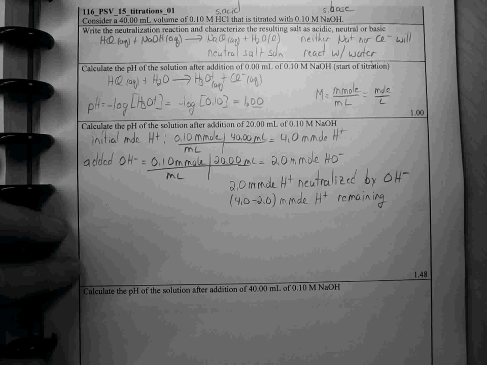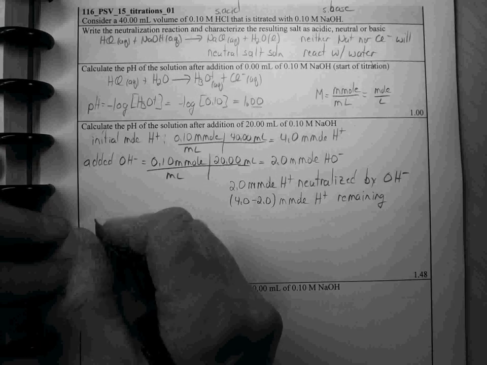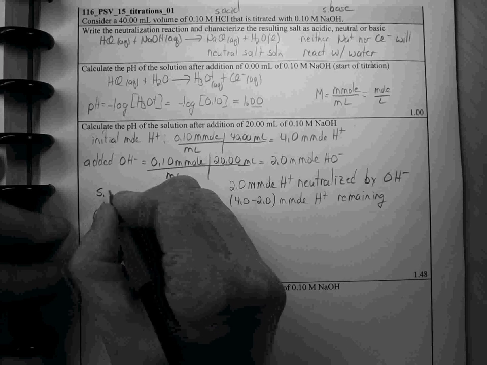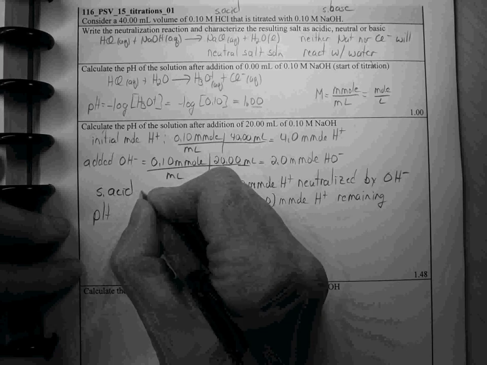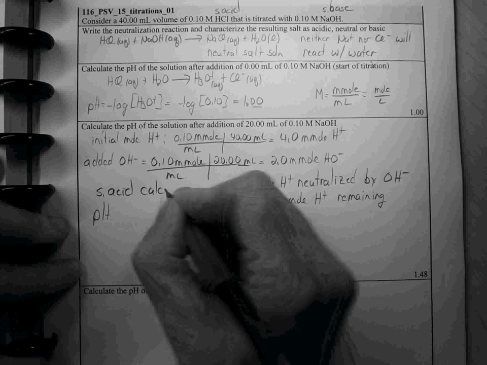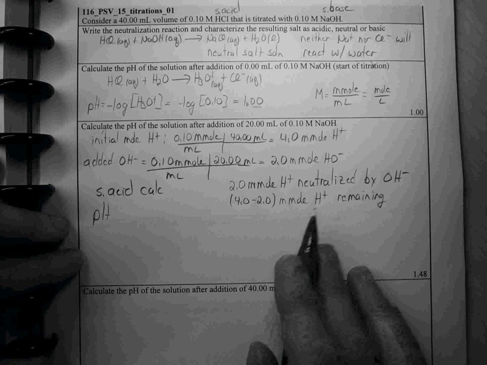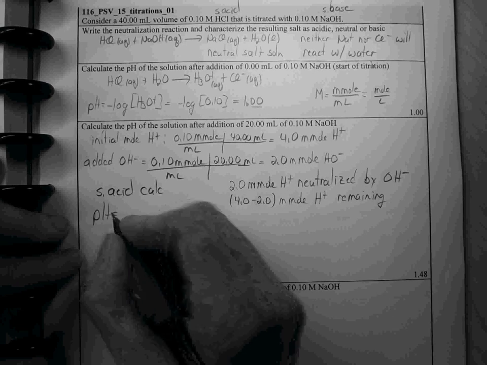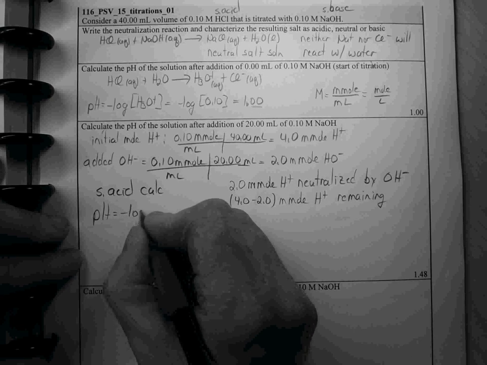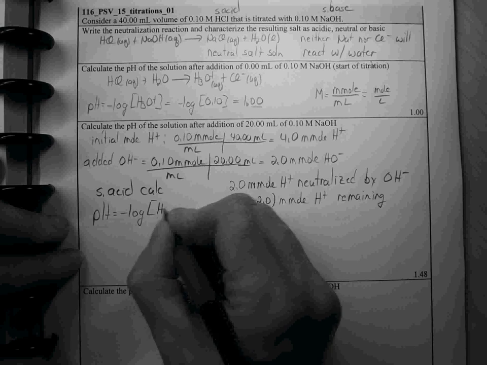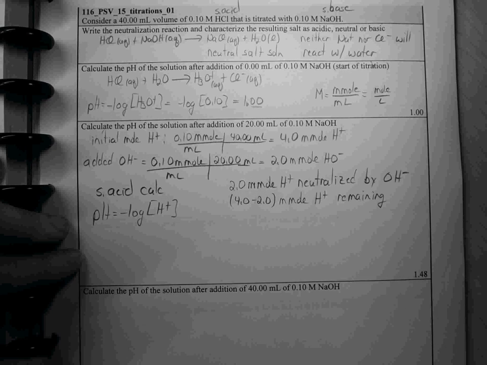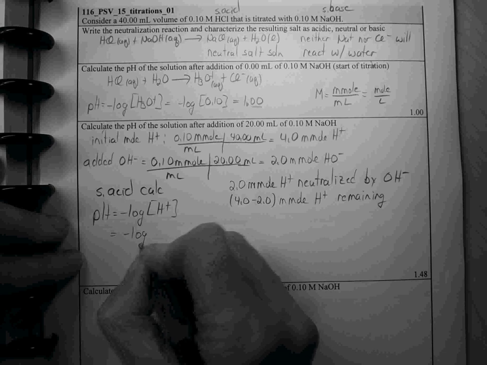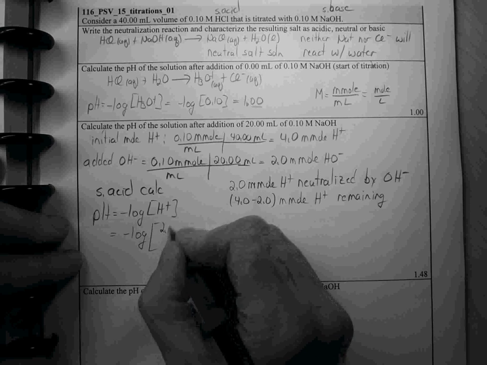So, to calculate pH, we know that this is going to be a strong acid calculation, because that's what we have in solution. What we have in solution is simply H plus ions. So pH is the negative log of H plus, or H3O plus if you prefer, and in this case it's the negative log of 2 millimoles.